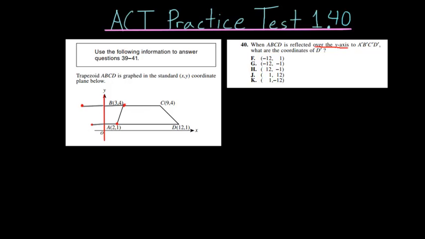So notice with point A that it started at the point 2, 1 and then reflected over here. And what we can see is that the y-coordinate stays the same when it's reflected across the y-axis. The only difference is the x-coordinate.